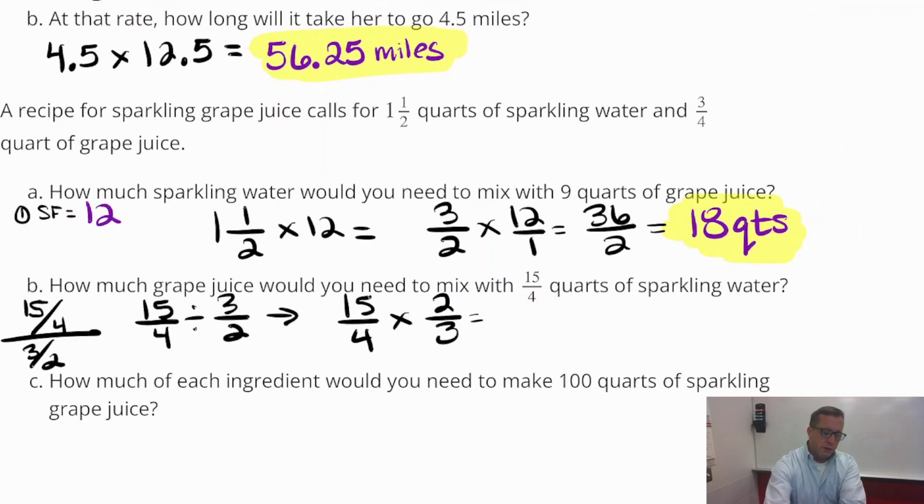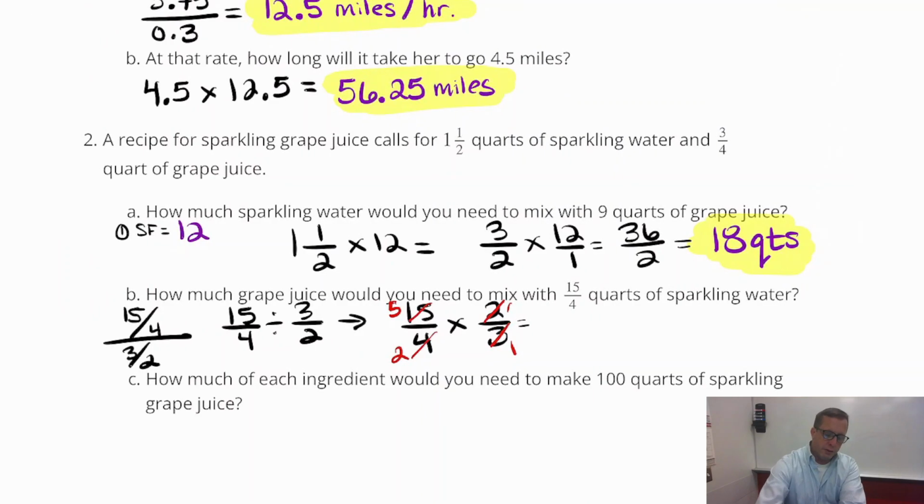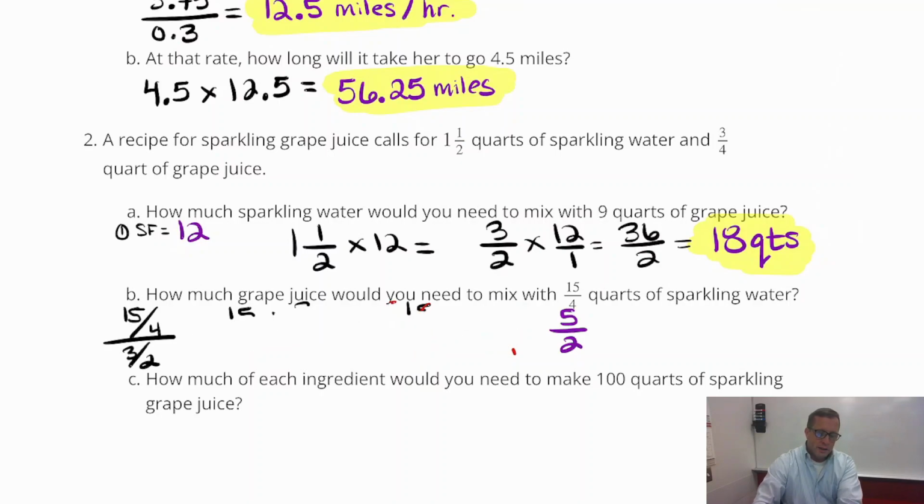And then we can do some cross canceling here. 2 and 4 become 1 and 2. 3 and 15 become 1 and 5. And so there we go, we got 5 halves. Okay, now keep in mind that 5 halves is the scale factor. That's not the number of quarts. That is the scale factor. All right, so the scale factor is 5/4, or 5 halves.